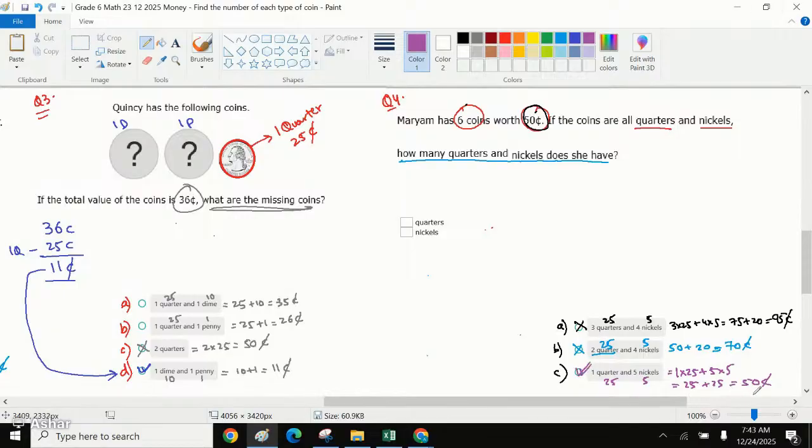And how many quarters, how many nickels she has? She has 1 quarter and she has how many nickels? Can anyone tell me what the answer was? Okay, she has 1 quarter and she has 5 nickels, because the question said 1 and 5.